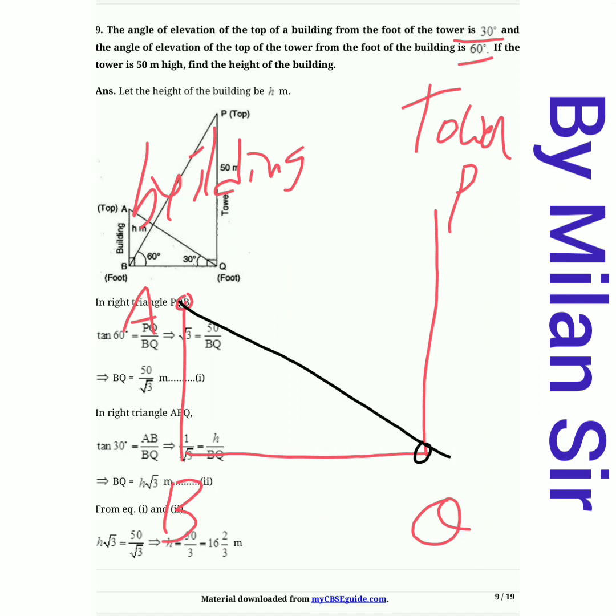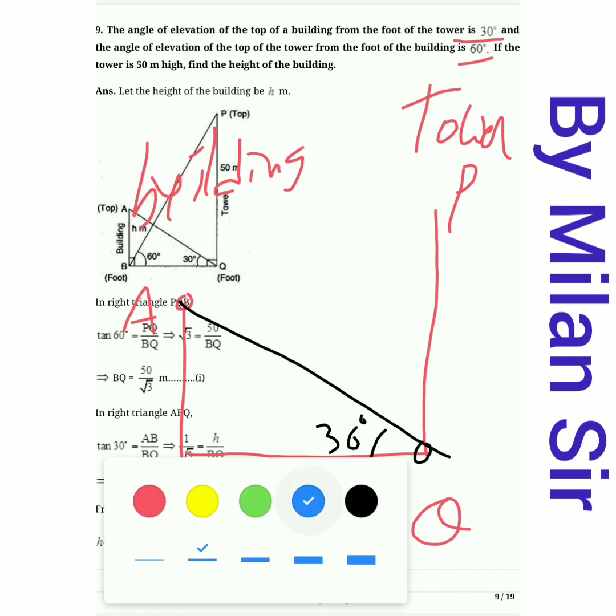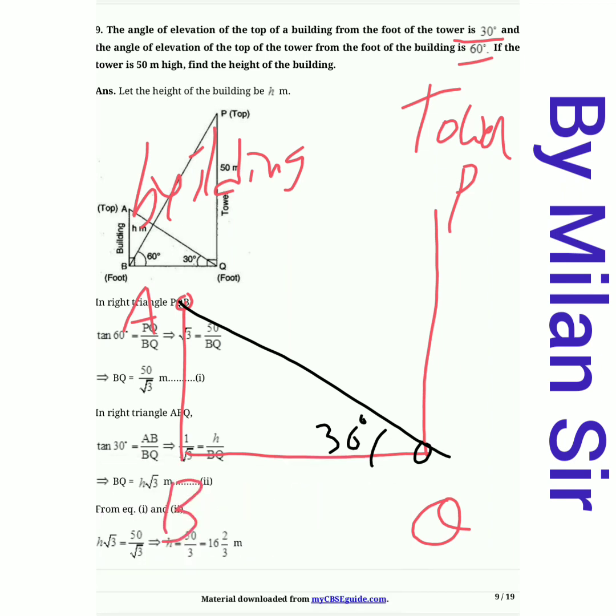The angle of elevation of top of building from the foot of tower is 30 degree. Then next, the angle of elevation of top of tower, that means point P, from the foot of the building, that means B.